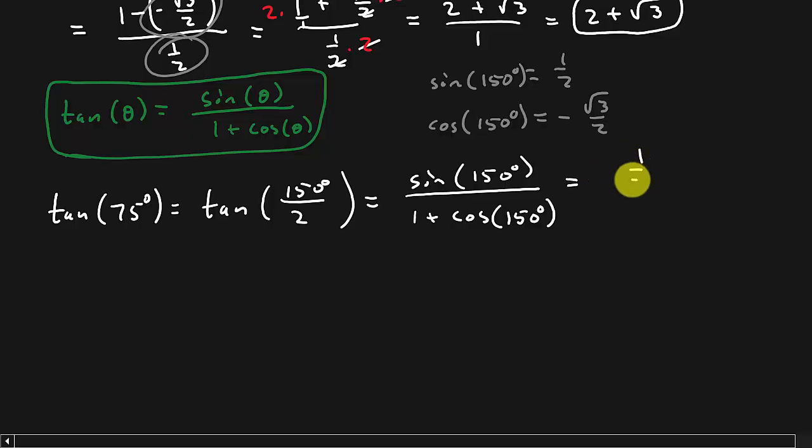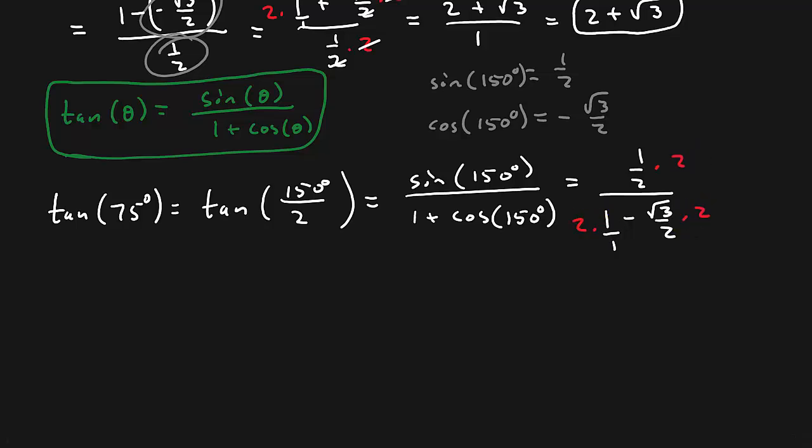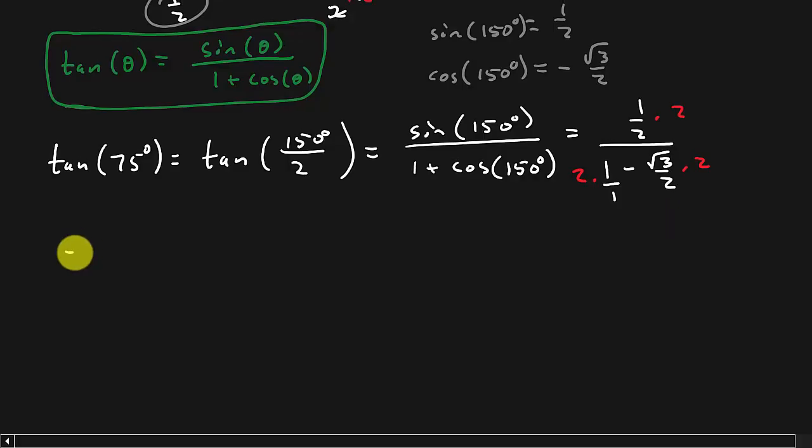So this is going to be 1/2 over 1 minus square root of 3 over 2, right? The sine of 150 is 1/2. Cosine of 150 is negative square root of 3 over 2. And then once again, look at that as being a fraction, and I'm going to multiply each term by that common denominator of 2. And so this is going to give me 1 over 2 minus square root of 3.